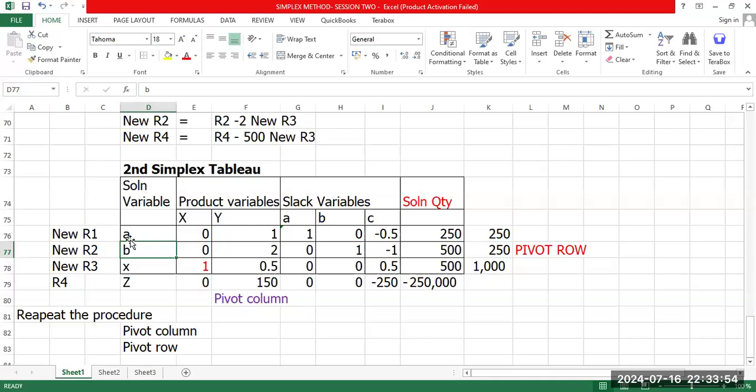You can choose any to be your pivot row. That is, if here is a slack variable and here is a slack variable.